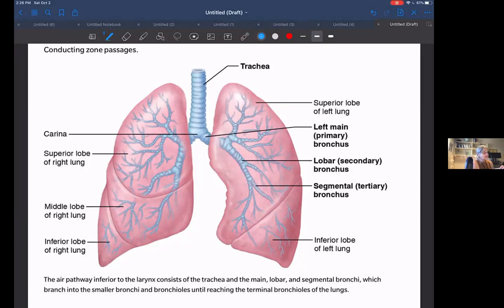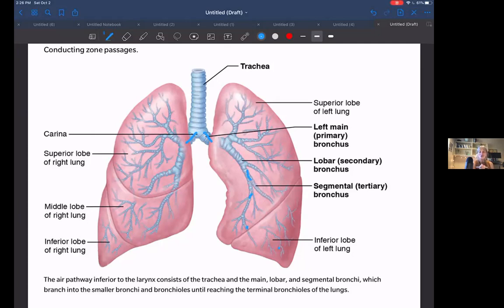Now, notice that the bronchi branch off. That's plural, bronchi. One would be the left bronchus versus the right bronchus. And then they branch into smaller and smaller vessels.